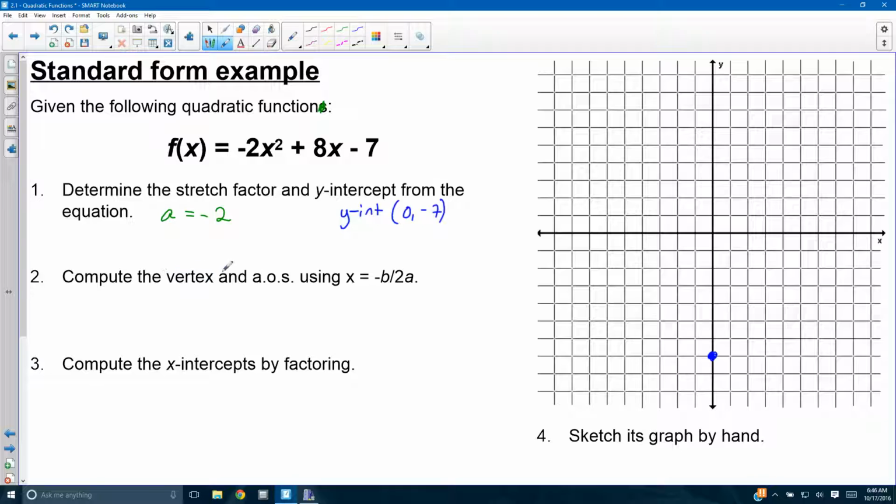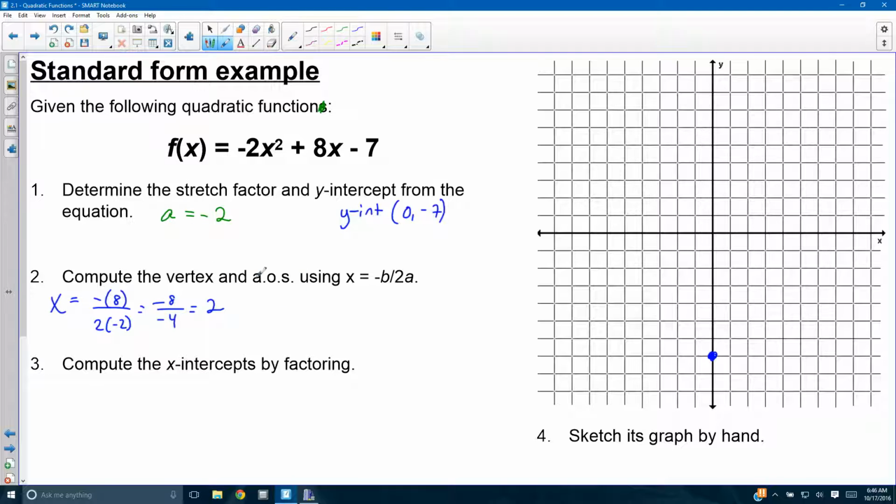So let's do a little bit more now. Let's compute the vertex and axis of symmetry the same way that I did before. The vertex, the x value, which also helps for your axis of symmetry, is using negative b over 2a. So I have negative b over 2a, which is negative 8, over negative 4, which is positive 2.